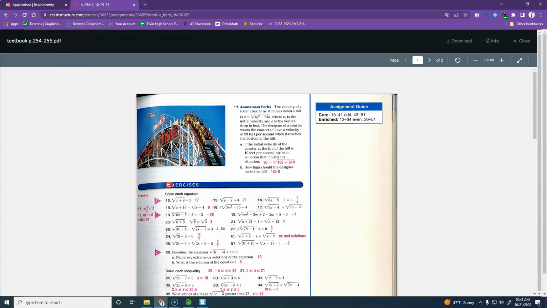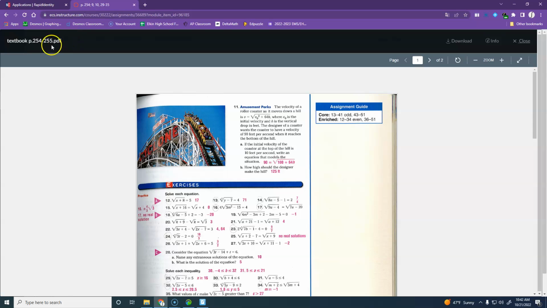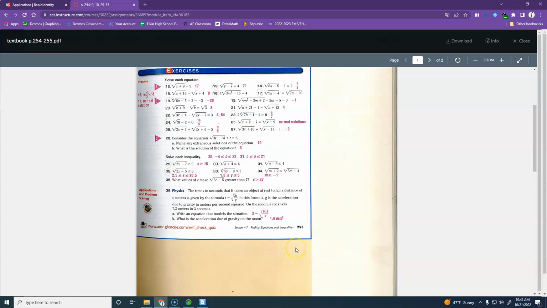You're doing 9, 10. 9 and 10 are on the second page, I copied it backwards, obviously. Then you've got 29 through 35, because I took this out of my teacher book. The answers are beside them because this is out of the teacher's edition, so you can check as you go.